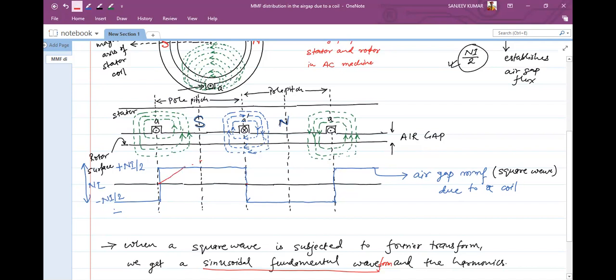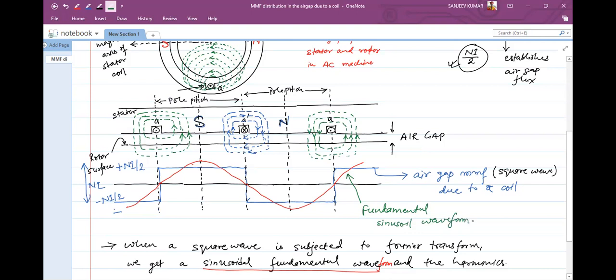It will be something like this, and again something like this. Therefore this is the fundamental sinusoidal waveform.